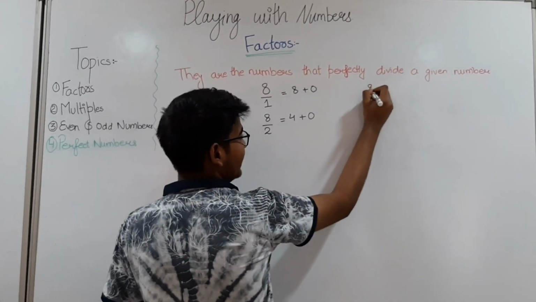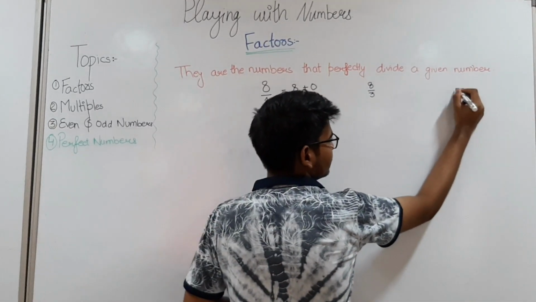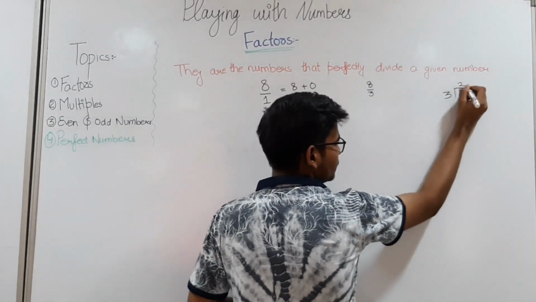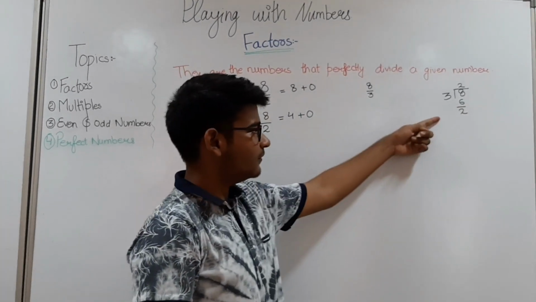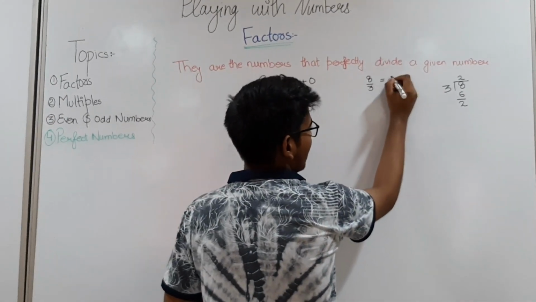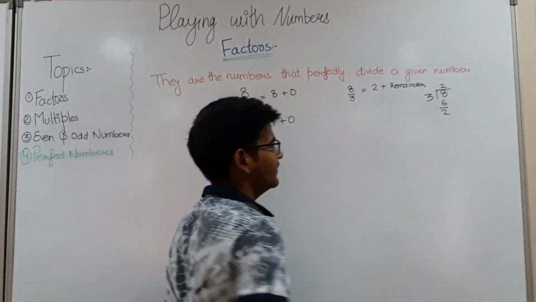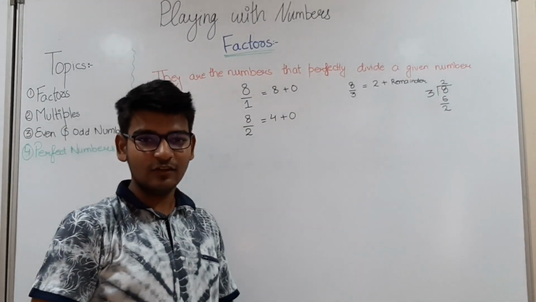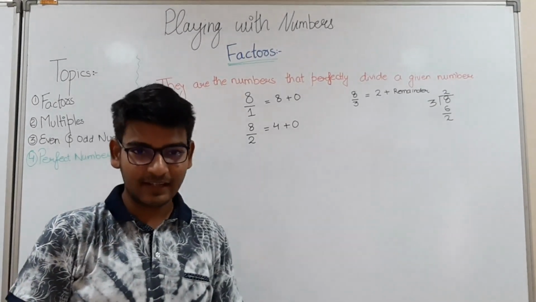Let us try 8 divided by 3. Now 3 into 2 is 6, and 2 is left. As we cannot divide it further because 2 is less than 3, we will write it as 2 remainder. Since the remainder here is not equal to 0, we say that 3 is not a factor of 8.